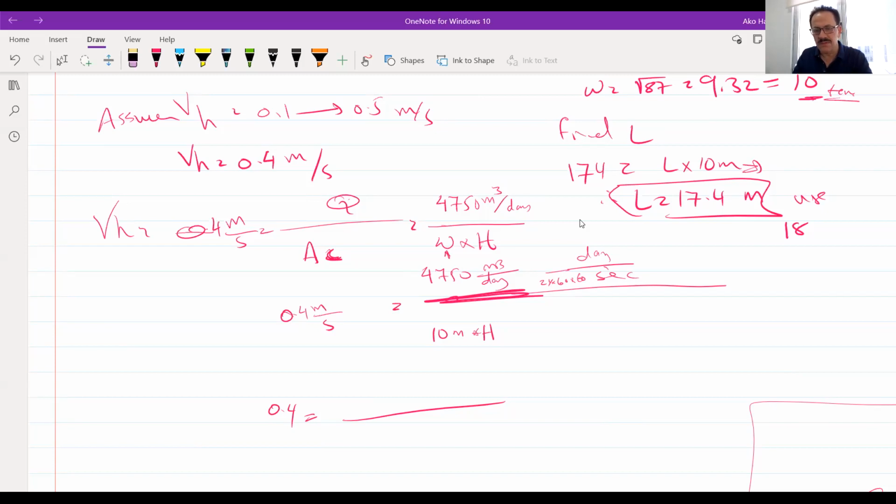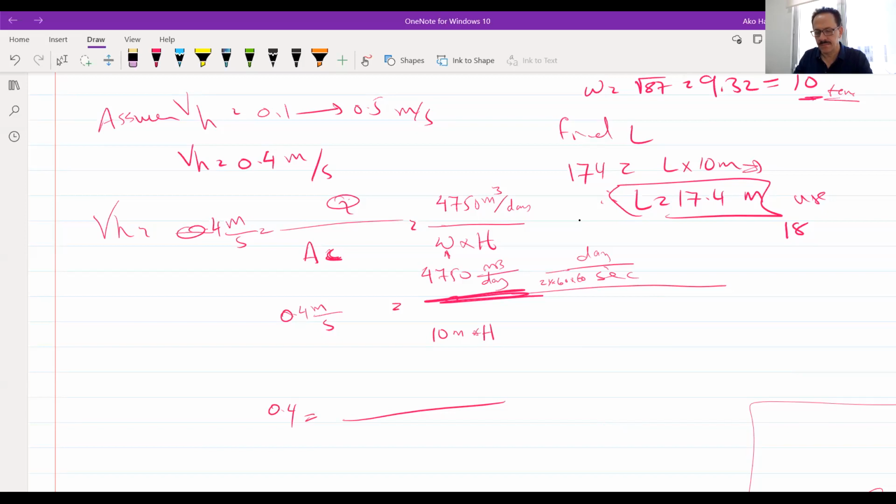I think we made a mistake. 4,750 divided by 24 hours divided by 3,600, meter per second, divided by 0.4.